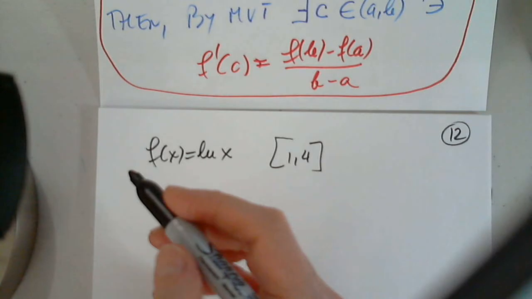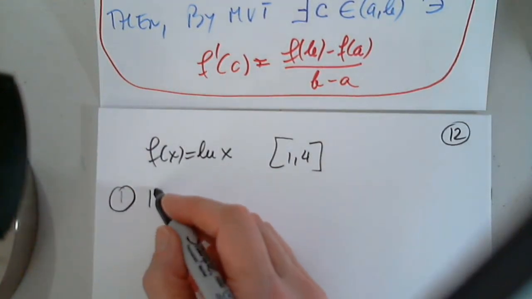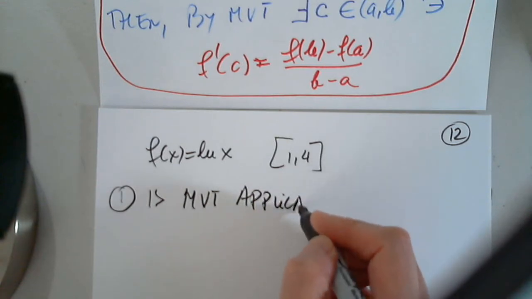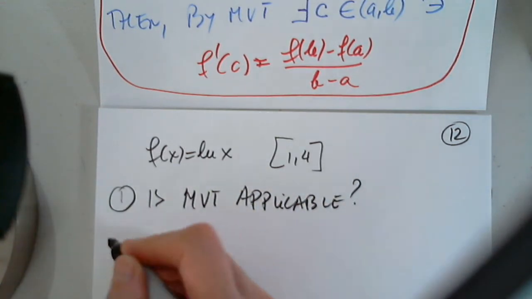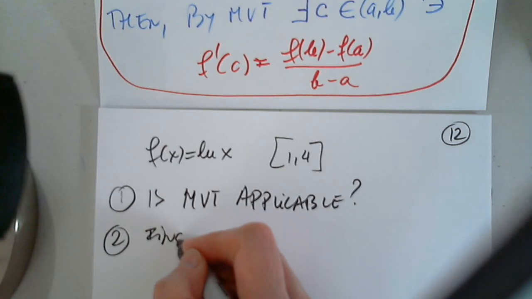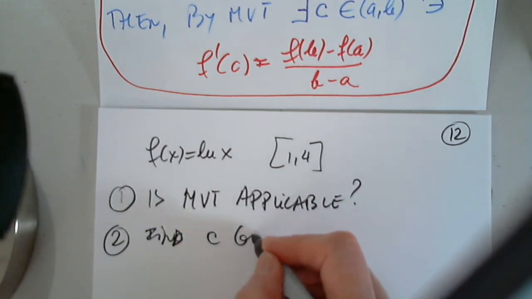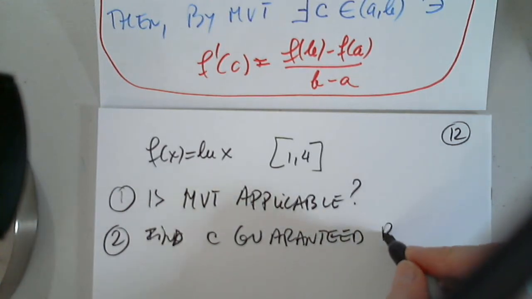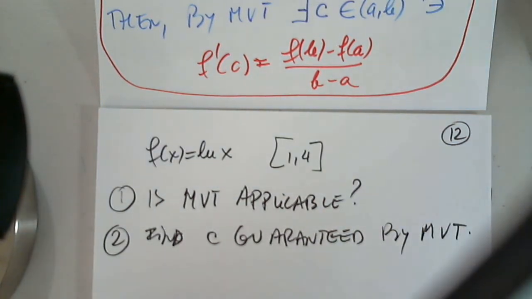They're asking us, number one, is MVT applicable? And number two, find c, the c guaranteed by MVT.